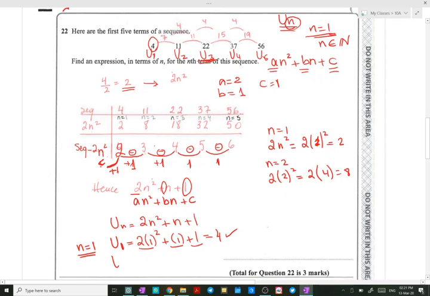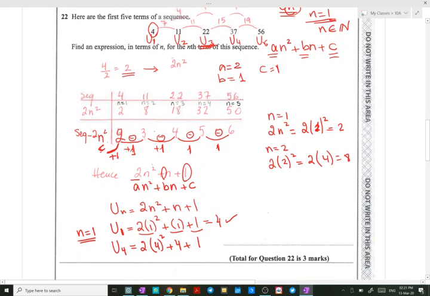Let's choose u4: 2 times 4 squared plus 4 plus 1. 4 squared is 16, 16 times 2 is 32, and 32 plus 5 is 37, which is the fourth term in the given sequence. So this is the general form that we can use when we have the values of n to find the terms of the sequence.